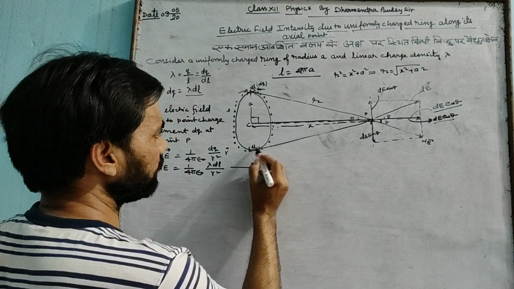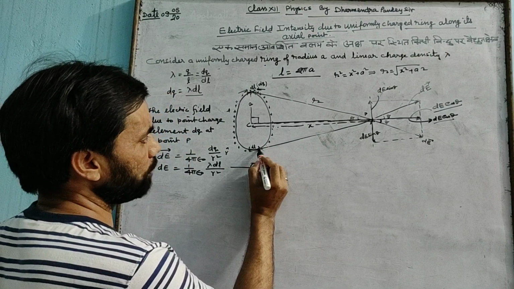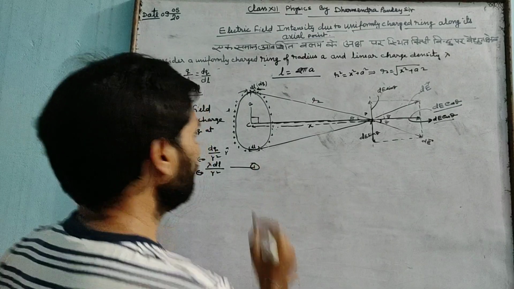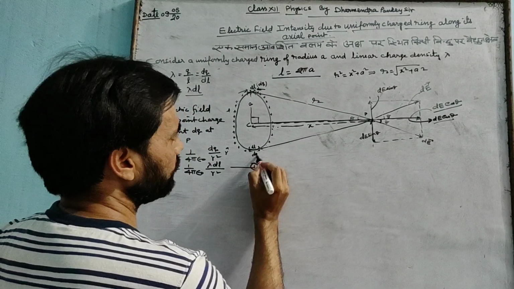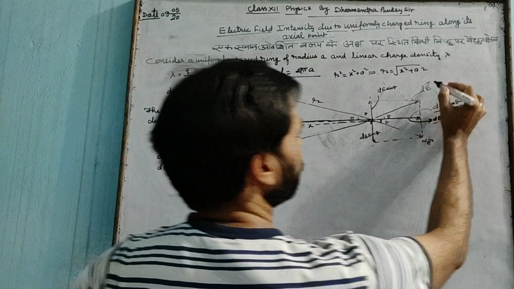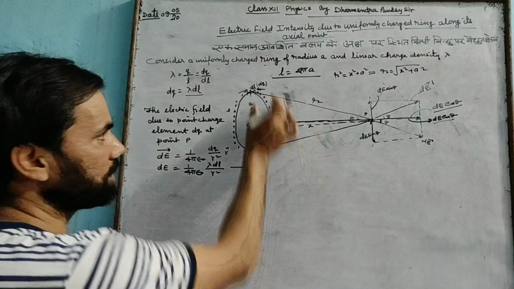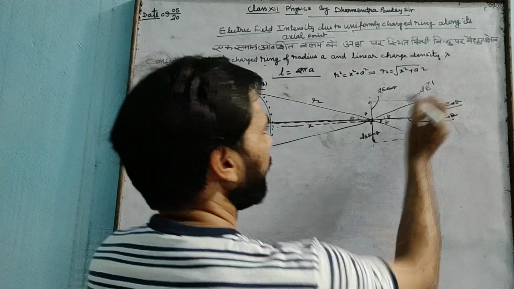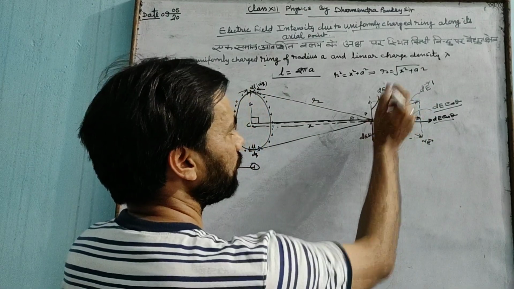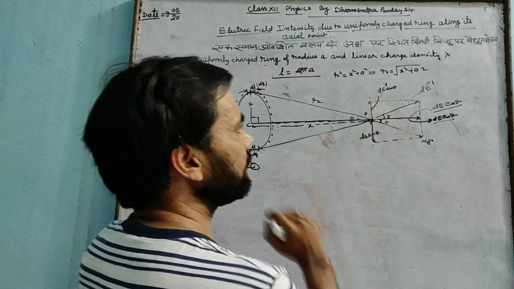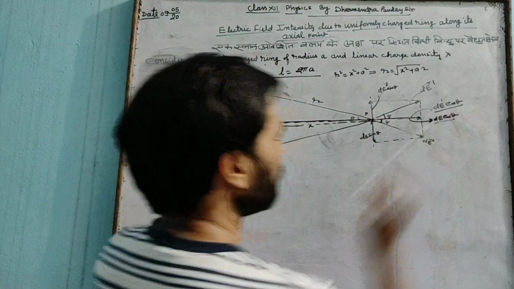Now take another diametrically opposite charge element, a length element having the same charge dq. The electric field because of this charge element, which is at the same distance as the first one, will be dE dash. We have two components here also, and because the angle is the same, they are dE dash sin theta and dE dash cos theta.